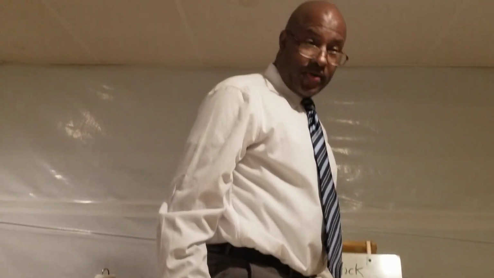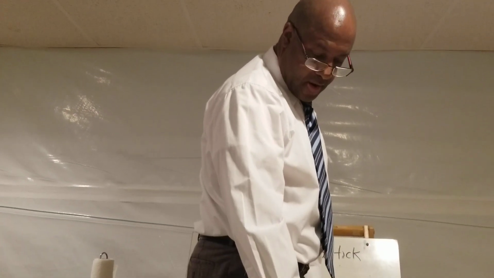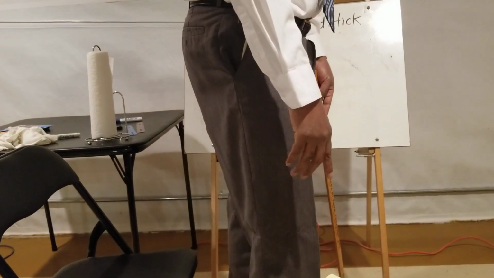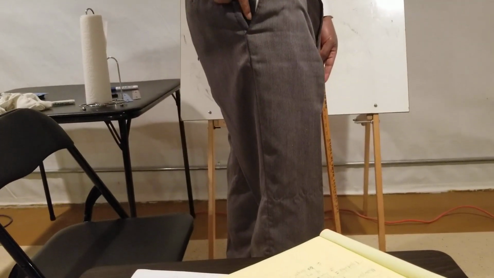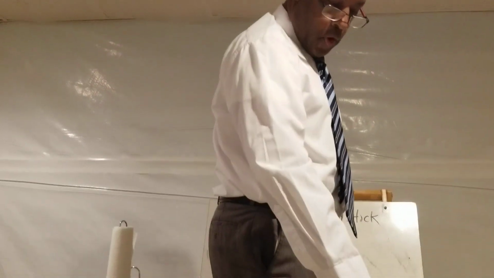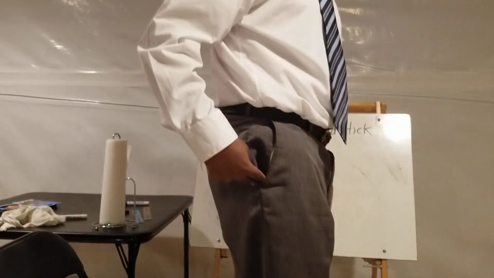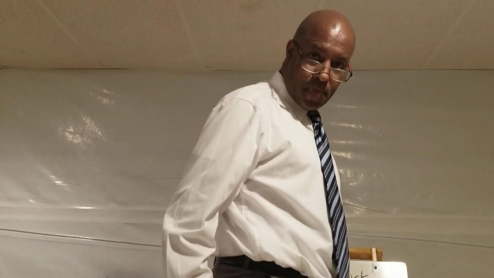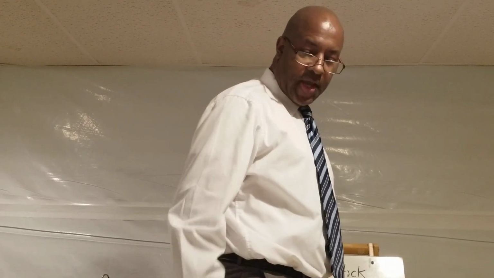My yardstick is basically from the heel, the bottom of my shoe, to the beginning of my pocket. So you go from the floor all the way to the beginning of my pocket. That's how long a yardstick is, okay?